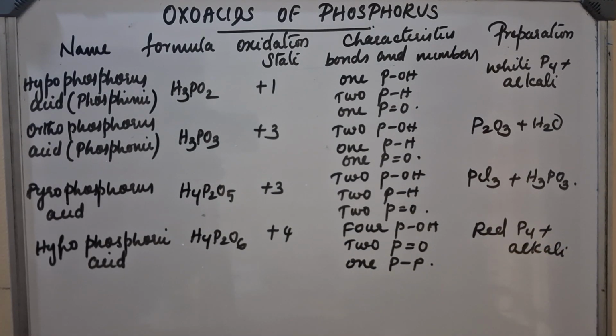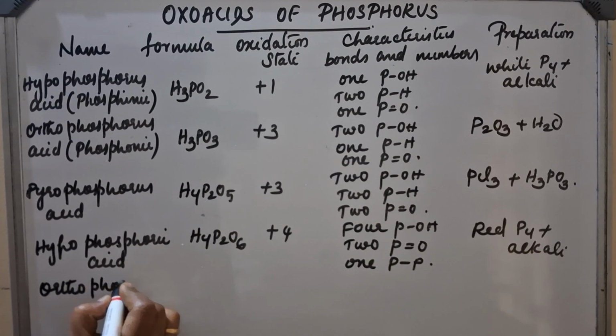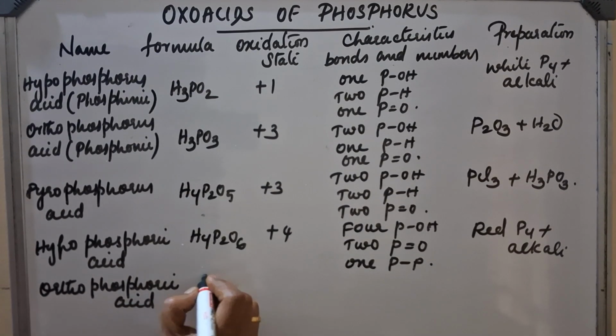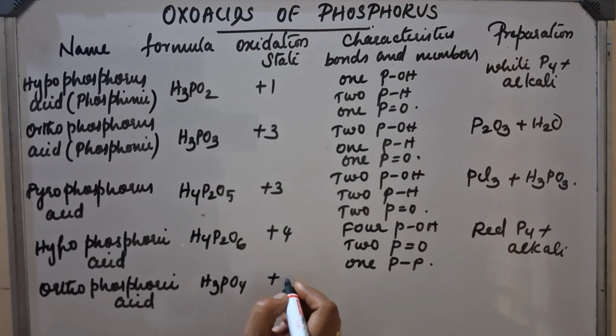Now, fifth one is orthophosphoric acid. Its formula is H3PO4, and here the phosphorus has the oxidation state +5.